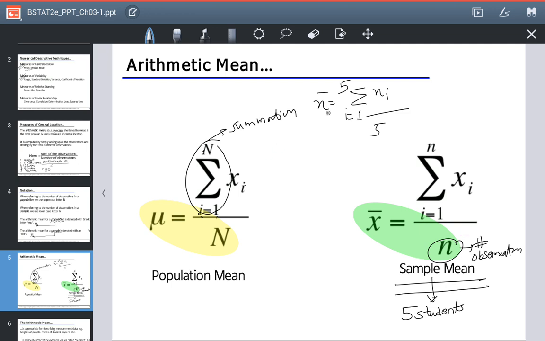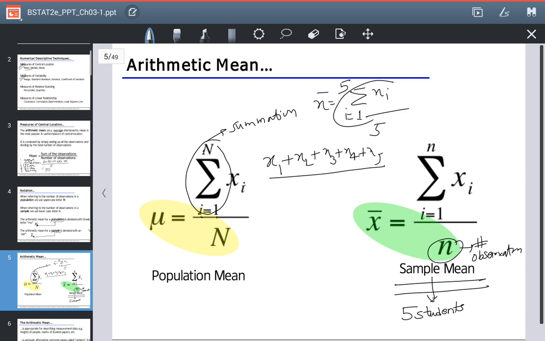Now summation means you take all those individual terms. So first value of I is 1, so x1. Second value of I is x2, 2, 3, 4, and we go up to 5, so plus x5. We sum all those values, and then we divide by 5 to get our x bar. Okay, we can compute it in a similar manner that we did here, and we can find out that value is 90. Okay, so that's arithmetic mean.